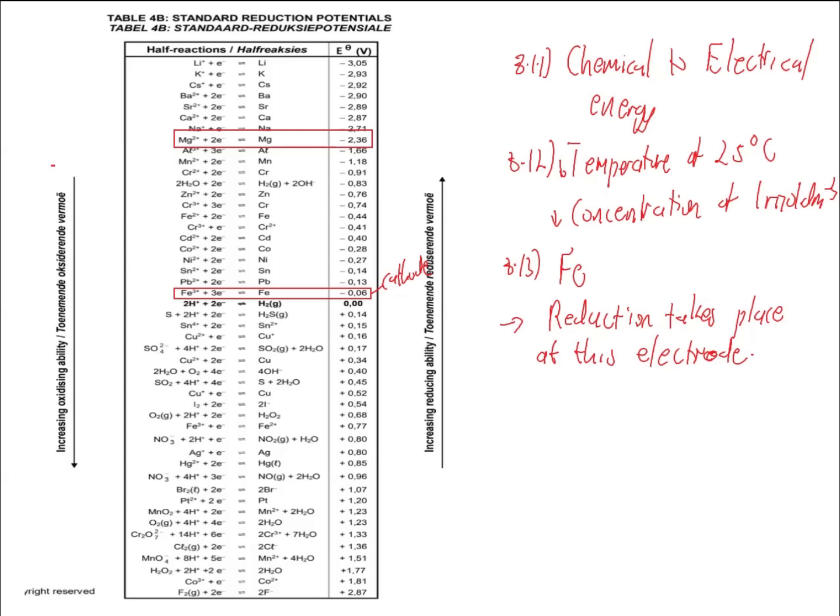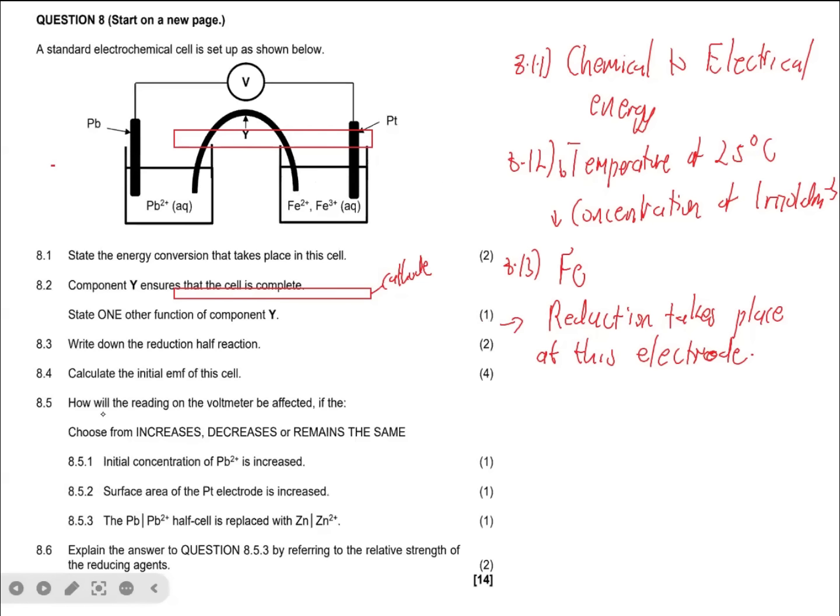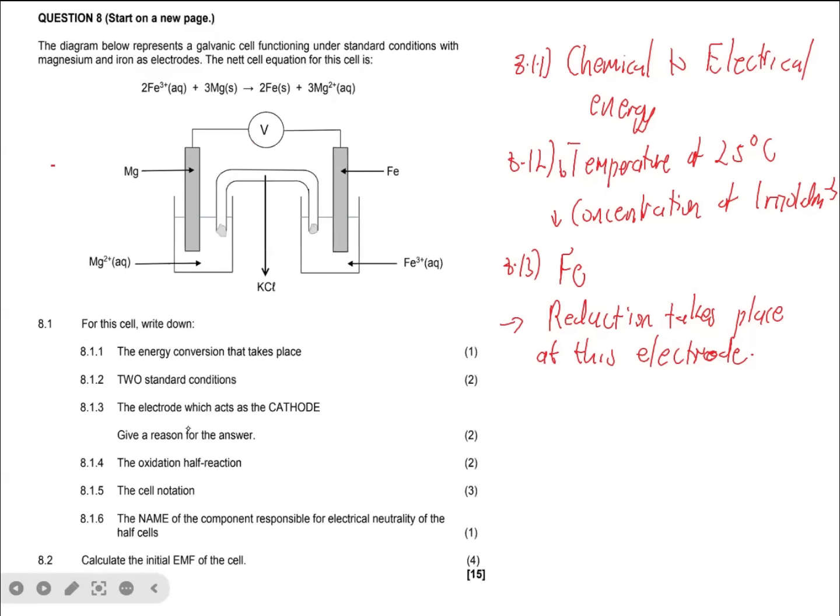Okay. Now, they say write down the reduction half reaction. Okay, wait. Sorry. Okay, 8.1.4, the oxidation half reaction. Oxidation. So since we said this is the cathode, then this here is the anode.